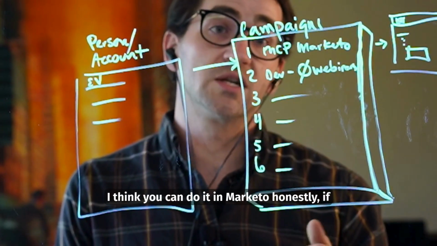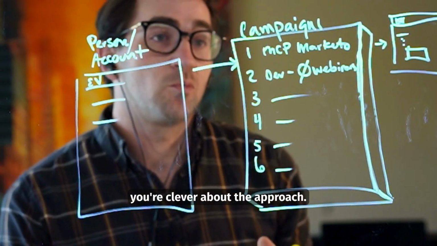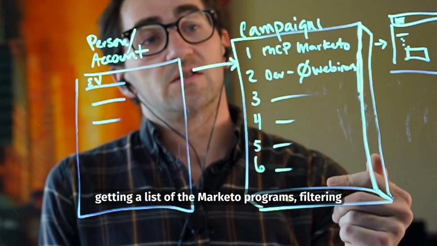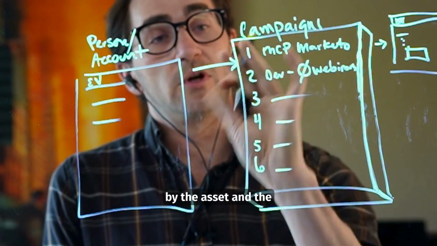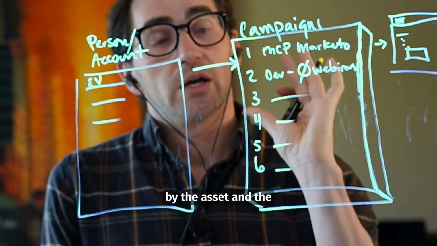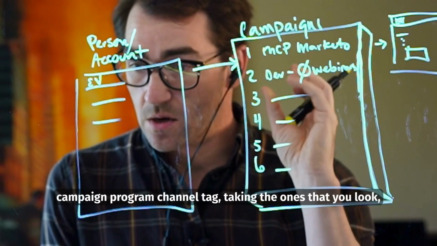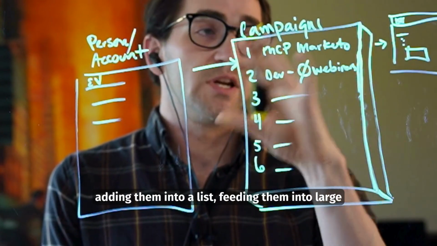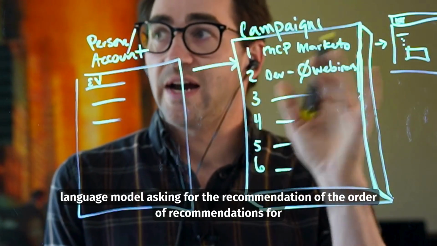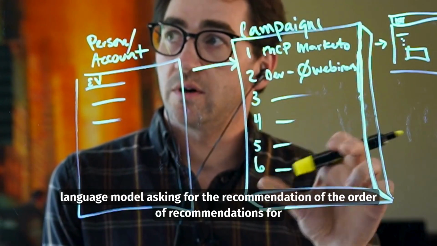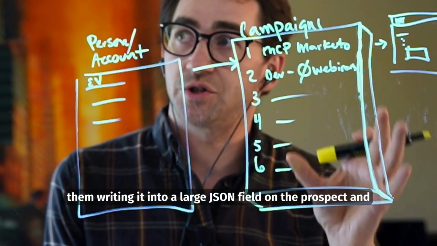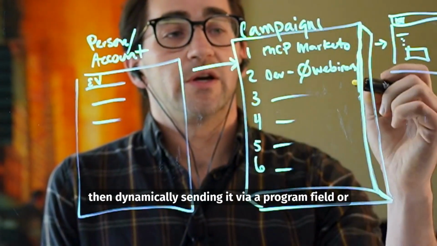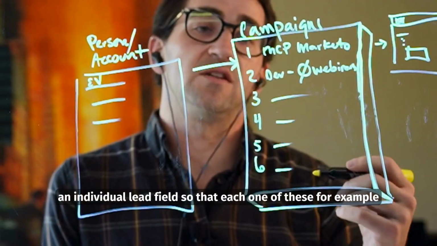I think you can do it in Marketo, honestly, if you're clever about the approach. That can look like going to the Marketo programs, getting a list of the Marketo programs, filtering by the asset and the campaign program channel tag, taking the ones that you like, adding them into a list, feeding them into a large language model, asking for the recommendation of the order of recommendations for them, writing it into a large JSON field on the prospect, and then dynamically sending it via a program field or an individual lead field.